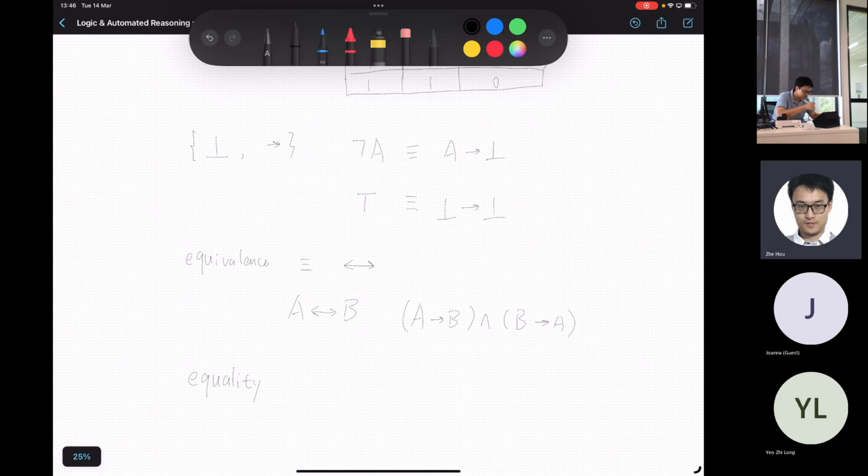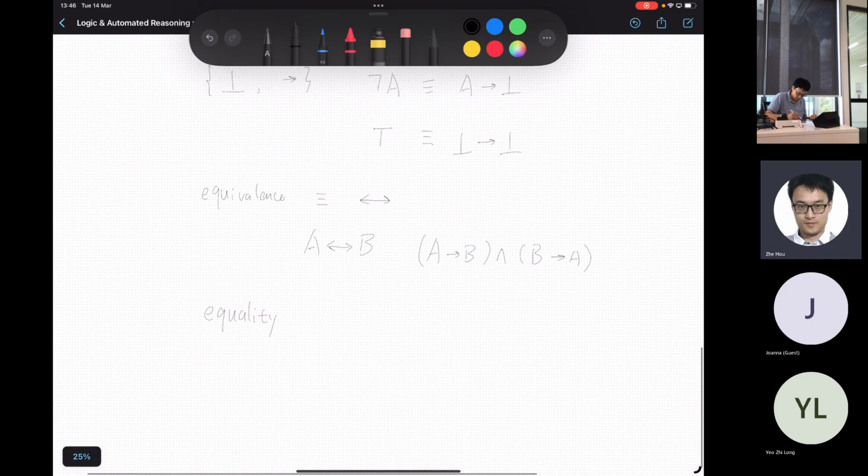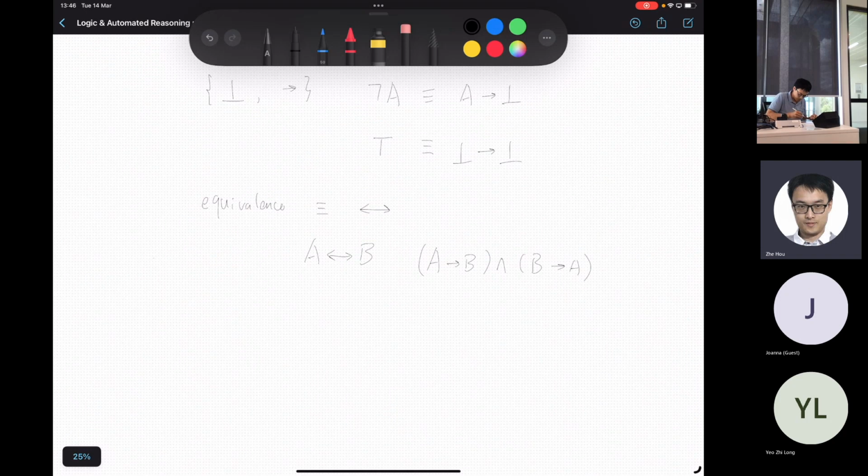In my book, at the beginning, equivalence is defined by three important properties. It's reflexive, symmetric, and transitive. Let me write that down.